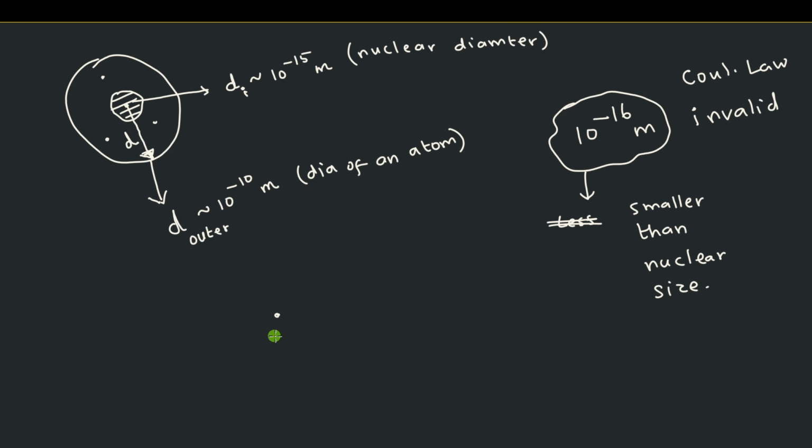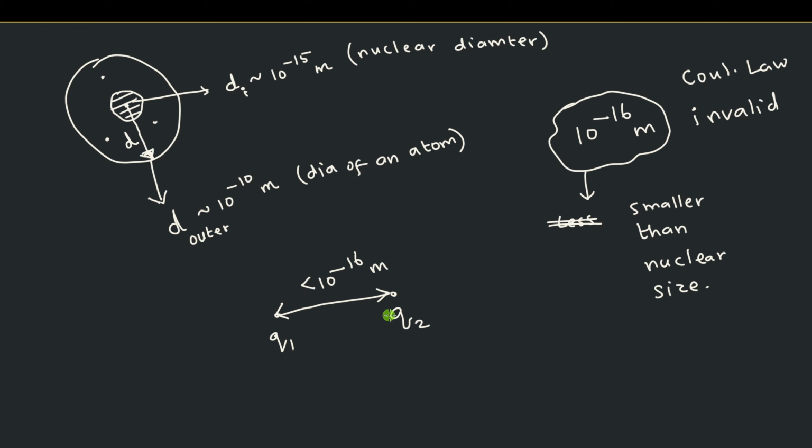So if one charge Q1 is here, and if the second charge Q2 is here, then the distance between this Q1 and Q2 has to be less than 10 to the power of minus 16 meter. What is the meaning? You have to think carefully. The meaning is that the two charges will be inside the nucleus. That is the situation.